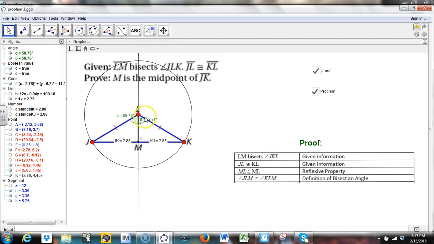So we're given the fact that these triangles here then have an angle pair that are congruent. So we're building the fact that we have JL congruent to KL. We have this angle that's getting bisected, therefore we have some congruent angles in both these triangles, and then they share this side ML, that segment of the angle bisector, so we also have a side right here that's congruent, right?